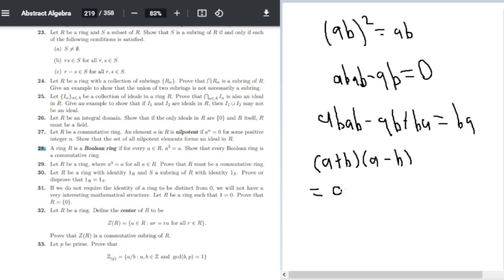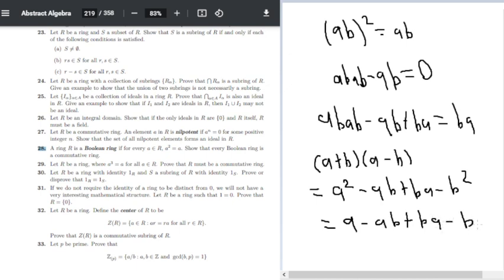So I need to be very careful with what I say here. So a squared, yep, let me write this in order. a squared minus ab plus ba minus b squared is also equal to a minus ab plus ba minus b. Oh, it's a useful reduction.